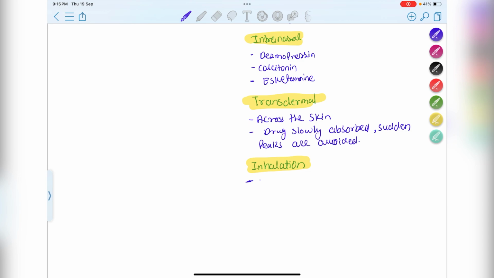So it can go through your mouth or by nose. It will directly go to your lungs. An example is salbutamol. This is the drug given in asthma. You have seen the patient taking the asthma pump by mouth, so that is the way of the inhalation route.